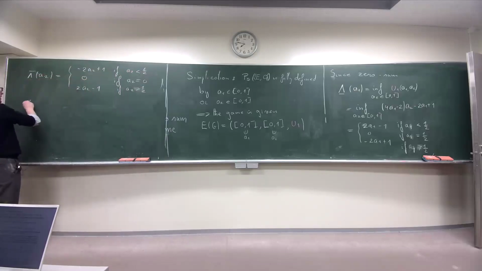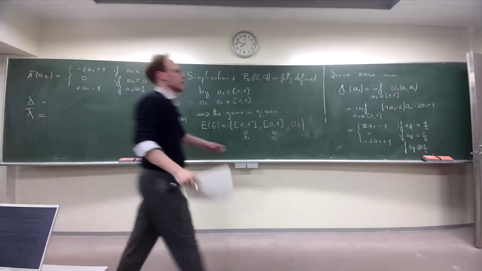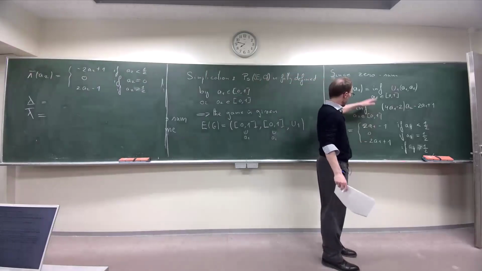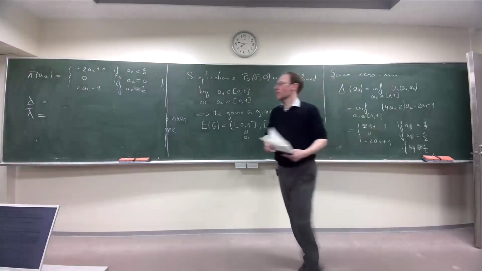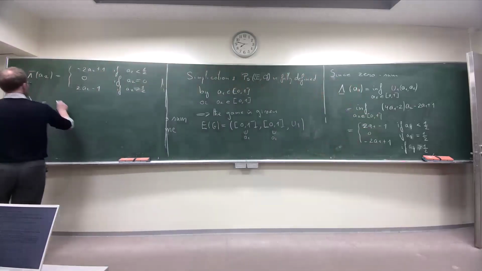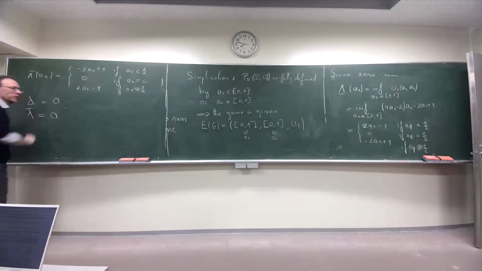What is the next step is to compute this one. And to compute this one, look at the definition. In this case, you have to take the supremum value on this set, which is 0. You check. In fact, these two values are 0.